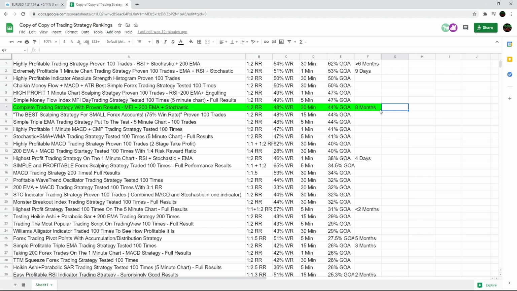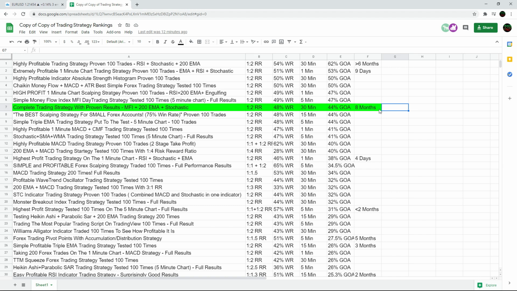Hopefully after seeing 51 strategies tested on this channel, you guys have been able to bring your expectations down from the moon into the atmosphere, maybe even into the clouds. And if you're really lucky, even back down to the ground. But hopefully you realize now that you're never going to get a 1-to-2 risk reward ratio where you have 70% or 80% win rate.